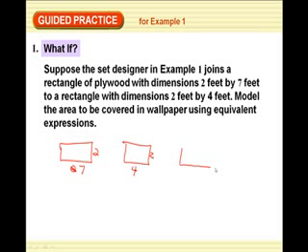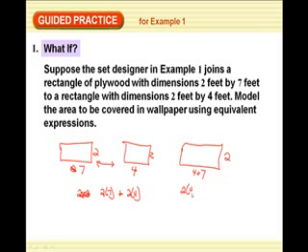If we combine those together, it would be 2, and this would be 4 plus 7. You would pull these together to make this one. So this would be 2 times 7 plus 2 times 4, or this one would be 2 times (4 plus 7).